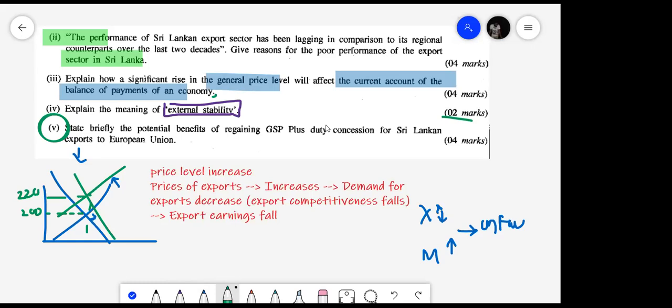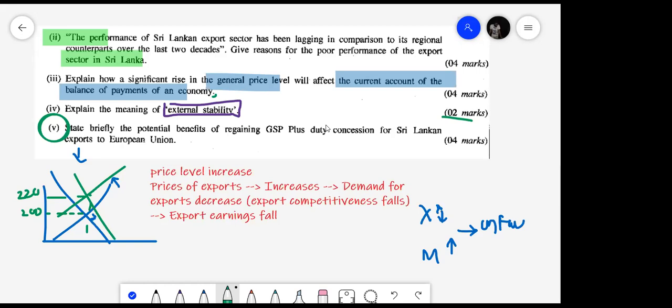Please go through it. Question 5: briefly explain the potential benefits of regaining the GSP Plus duty concession for Sri Lankan exports to the European Union. What is GSP Plus? In very simple terms, when Sri Lanka exports to the European Union, we don't have to pay duty.